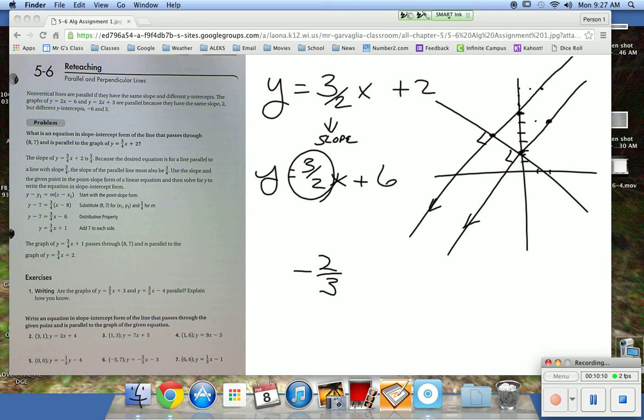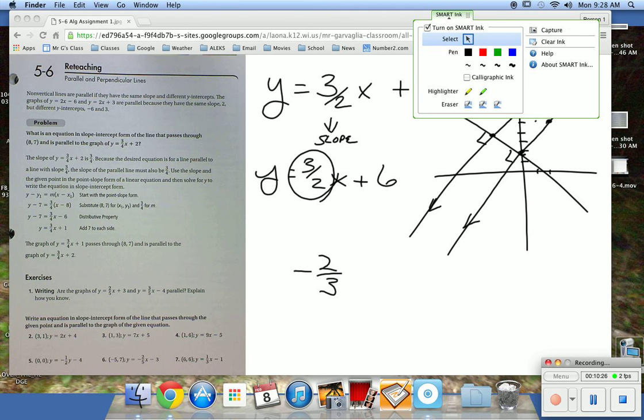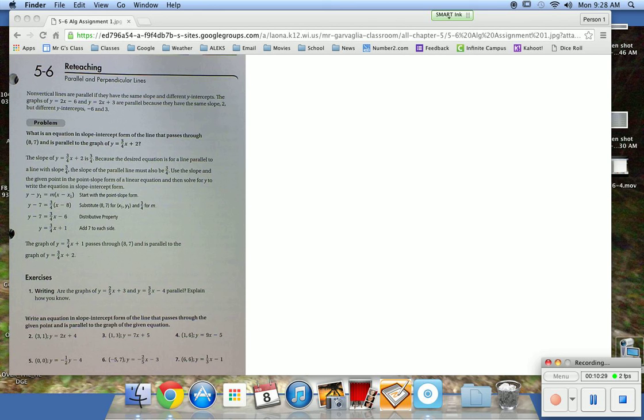Okay, so let's take a look at that again. All I'm doing is flipping it over and making it negative. Flipping it over, and making it negative to find my perpendicular slope. Here's what I want you to write in your notes. Slope equals y over x.